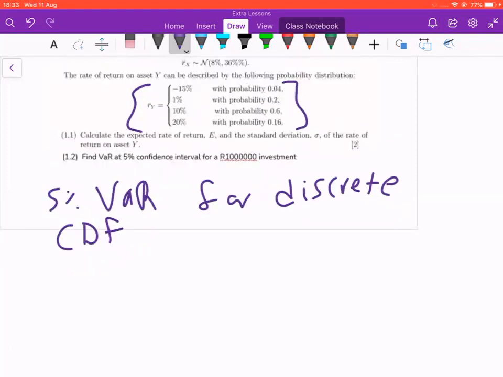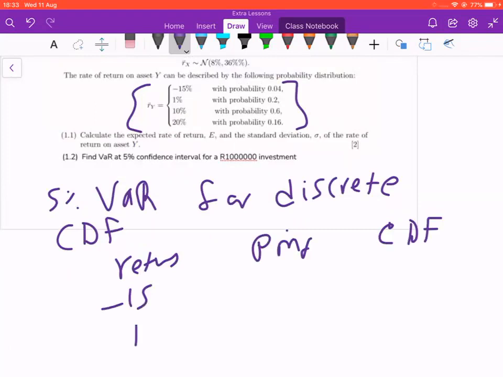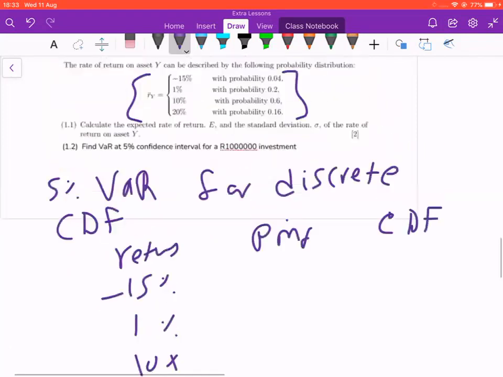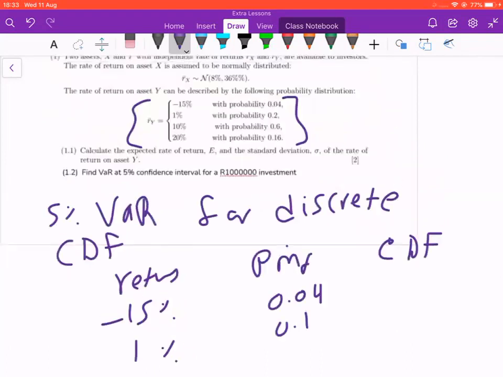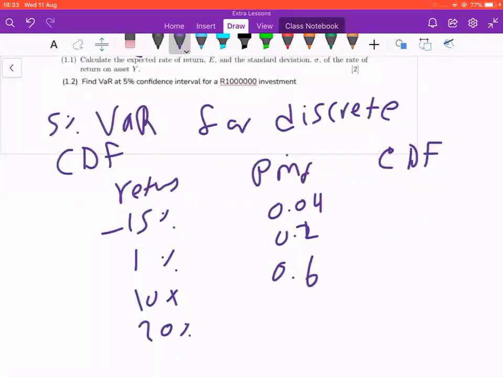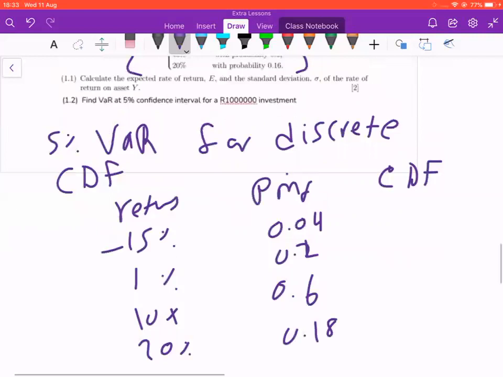So we have the returns, and we are going to have the CDF, right? We have negative 15, we have 1, and the other one is going to be 20. The probabilities are 0.04, 0.2, 0.6, and 0.16.